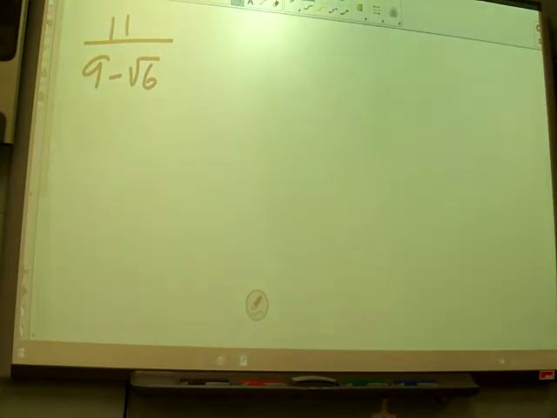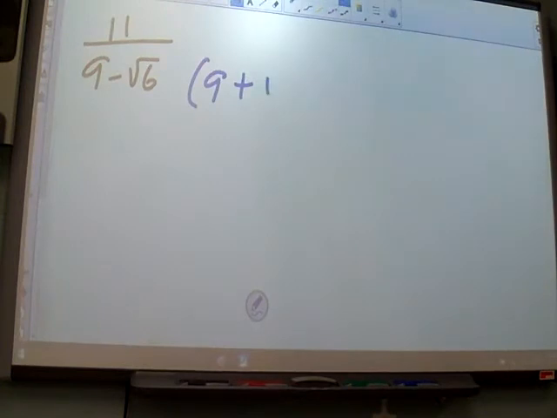So, to cancel out a radical in the bottom, there's a big funny math word that starts with a C. It's called the conjugate. All the conjugate means is that you change the sign. What we have is a 9 minus the square root of 6. So if I want to cancel that out, I multiply it by its conjugate, a 9 plus the square root of 6.